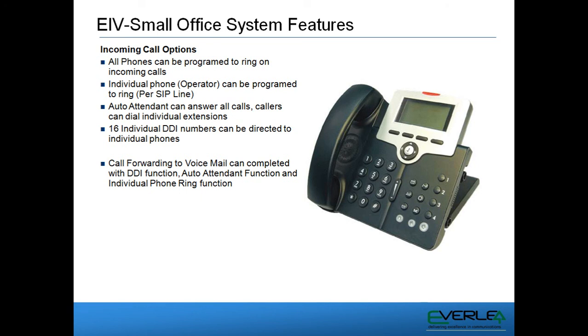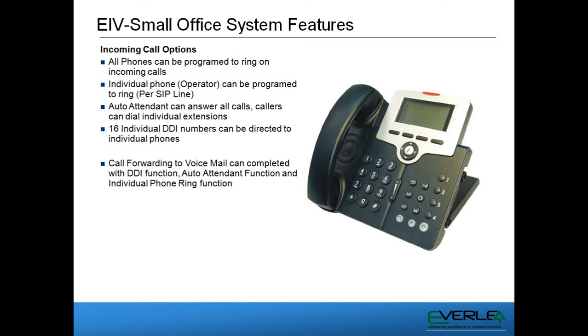We can have individual phones ringing, like the operator, for example, and they can ring per SIP line. We can have an auto attendant that's going to ring, or we can have the main pilot, then each phone having its own DDI directed to each individual phone. And then in turn going to voicemail.